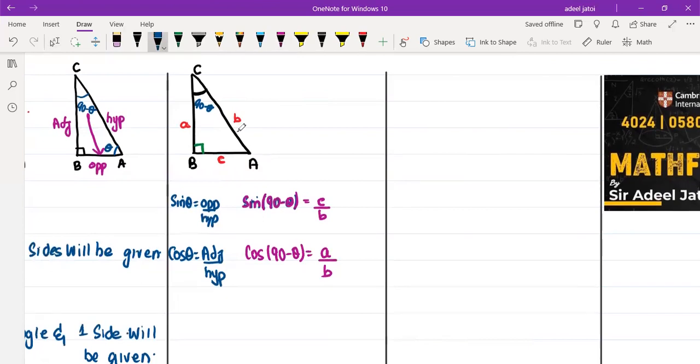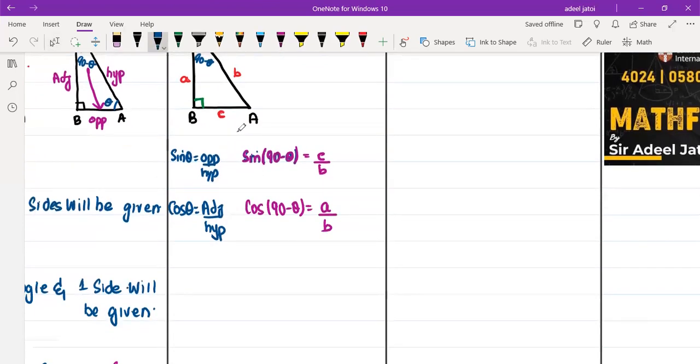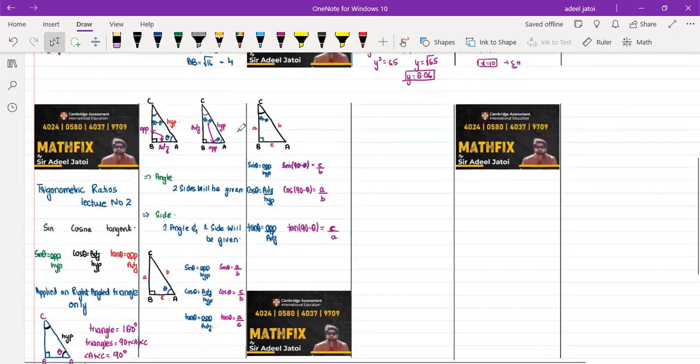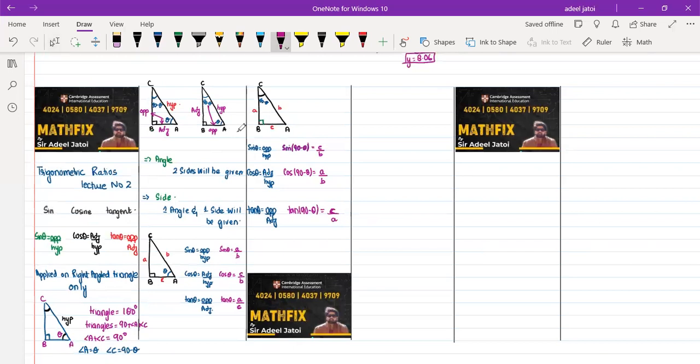And if we want tan theta, which is opposite upon adjacent, then tan 90 minus theta will be C upon A. So the trigonometric ratios will involve the angle in them. For an angle, the opposite side will change, but the side opposite to 90° will always remain the hypotenuse. It's just the opposite side that changes due to the angle.